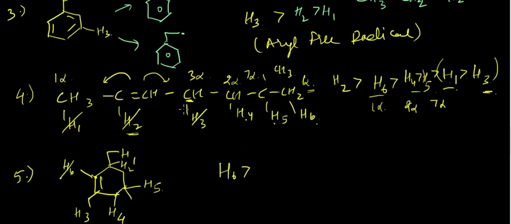Then for H2, H3 and H4, they will be involved in conjugation with pi electrons on forming a free radical. So H3, H2 and H4 will be the last. The order is yet to be decided.